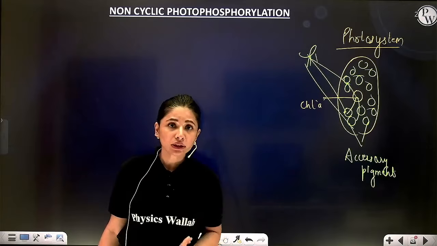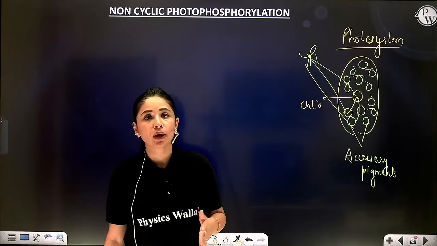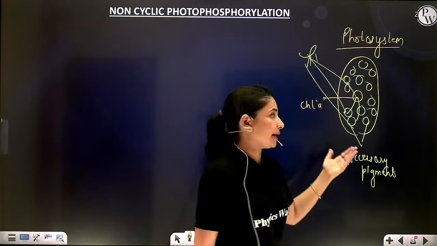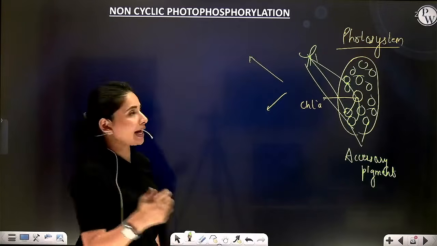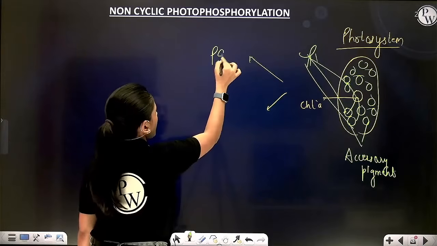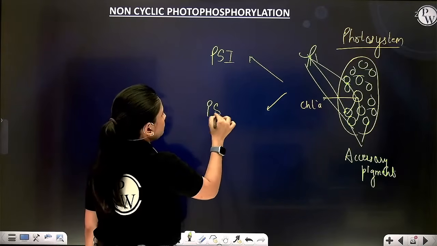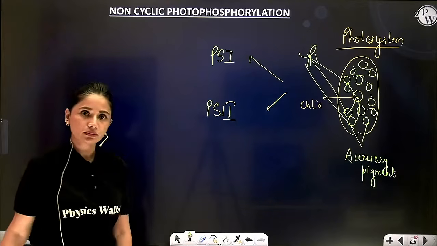There can be two types of photosystem depending upon the nature of the reaction center. So how many types of photosystems are possible? Two types, that is PS1 and PS2. Correct?